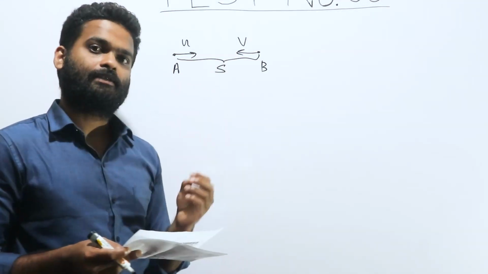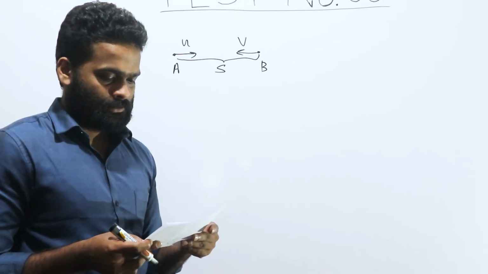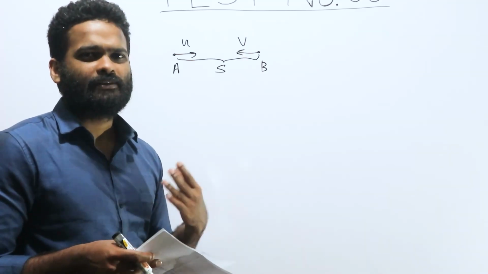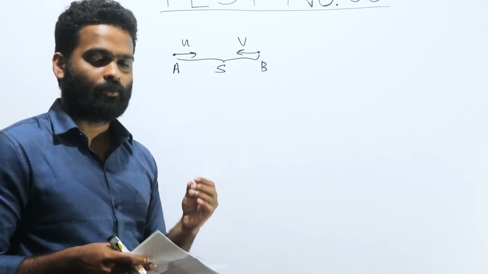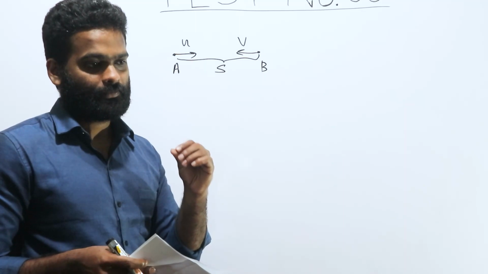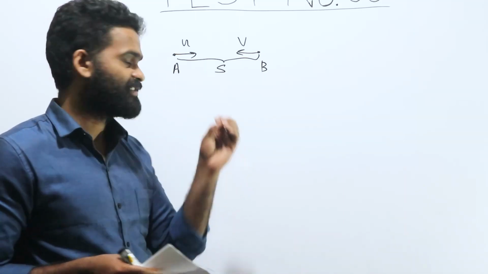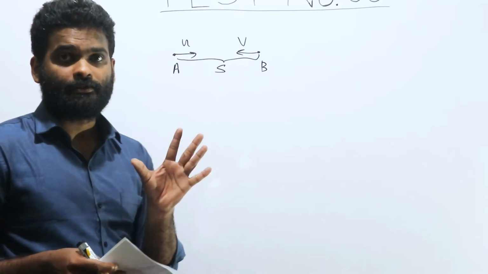What they ask is the time required for this meeting to happen. There are two ways to do this. We can use relative motion, or we can simply apply linear motion equations. Since it's a constant velocity situation, we only need s equals ut.